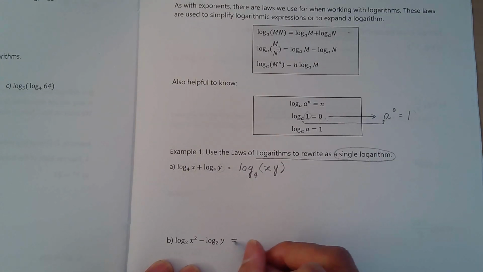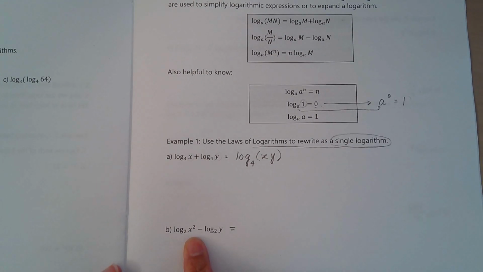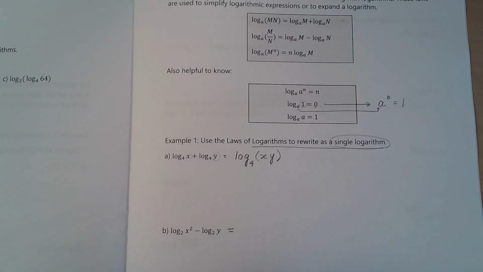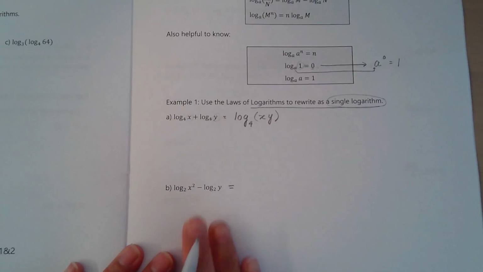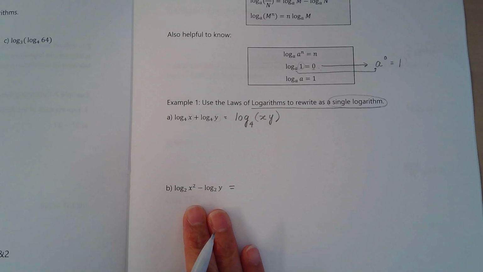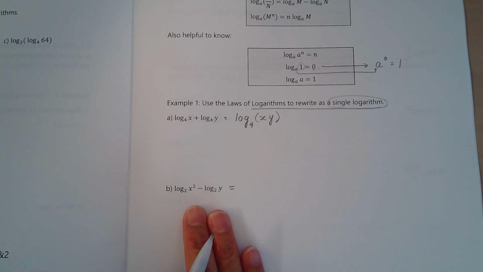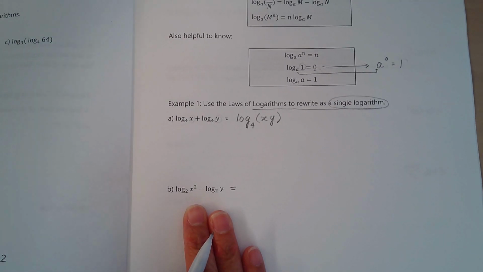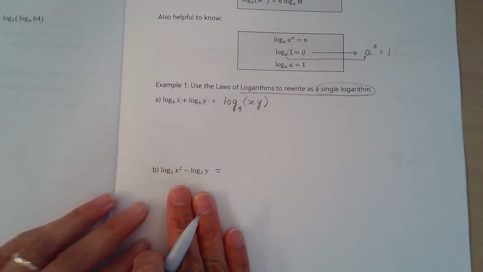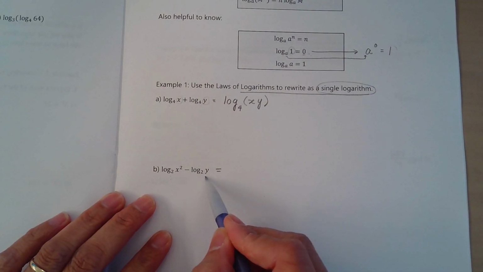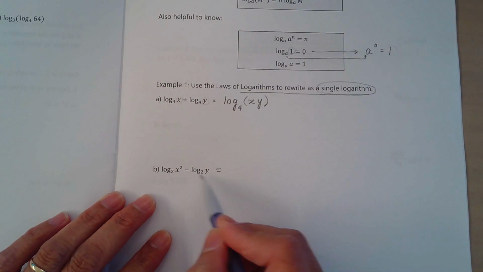What about this part? How can we rewrite this so that it's one logarithm, single logarithm form? I see that this is being subtracted. It's going to be divide, right?